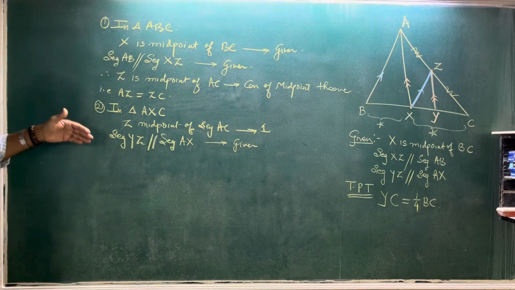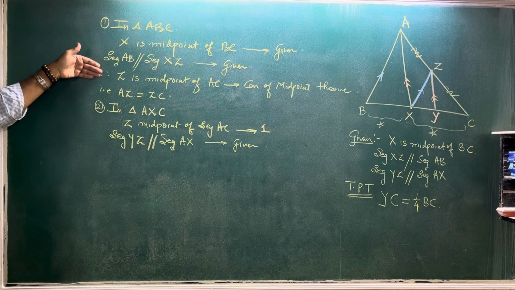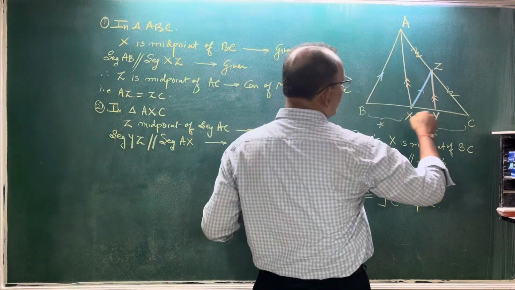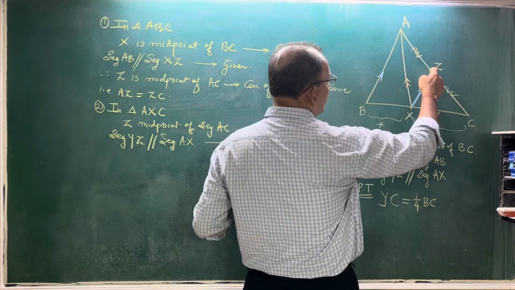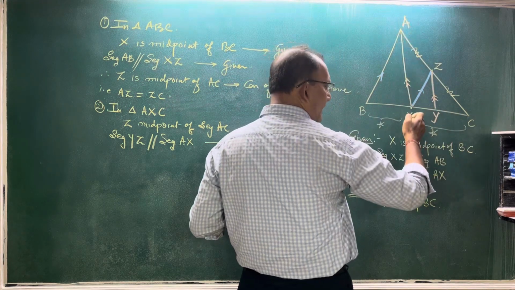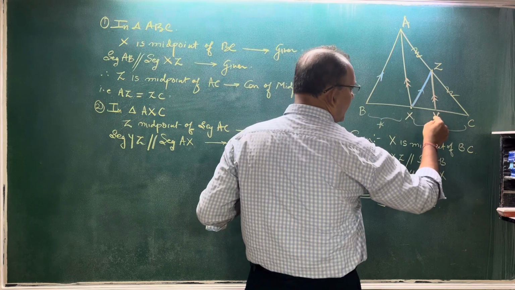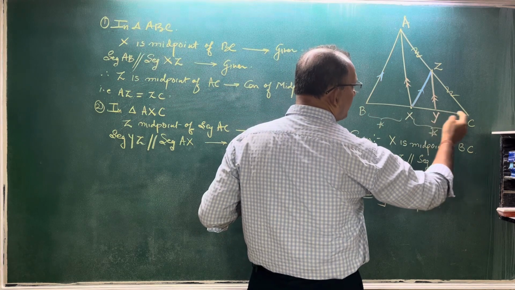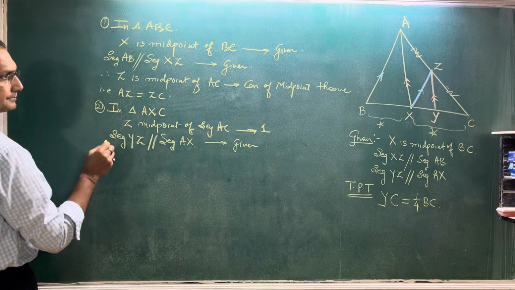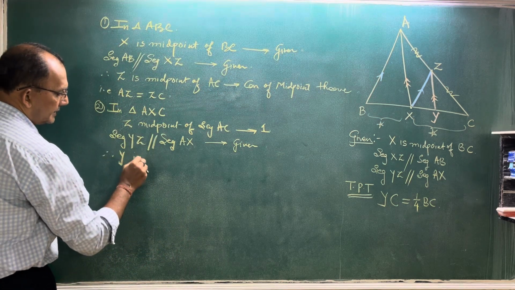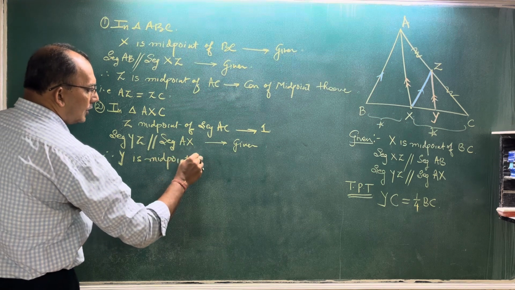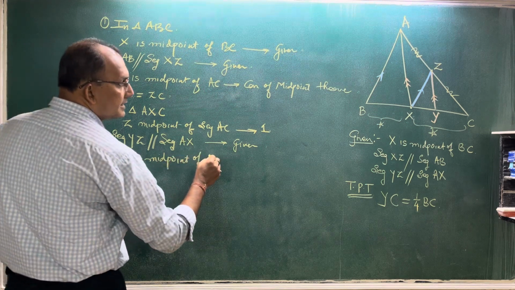So children, can I apply the same theorem what I've applied in statement number 1? Because in triangle AXC, Z is midpoint of AC and YZ is parallel to AX. So Y should be midpoint of CX. Therefore, Y is midpoint of CX.